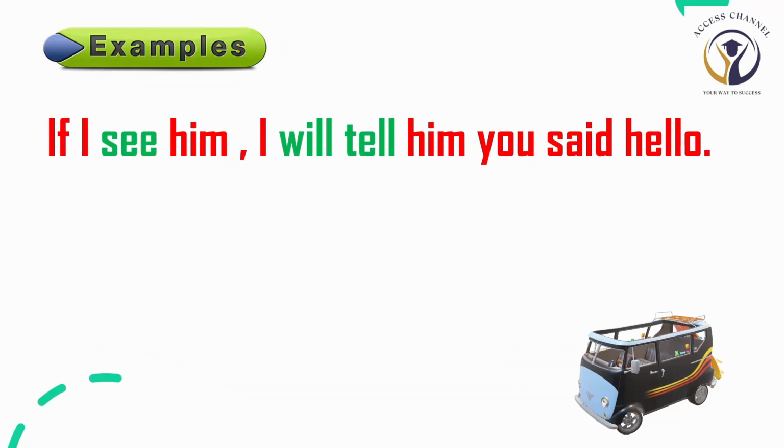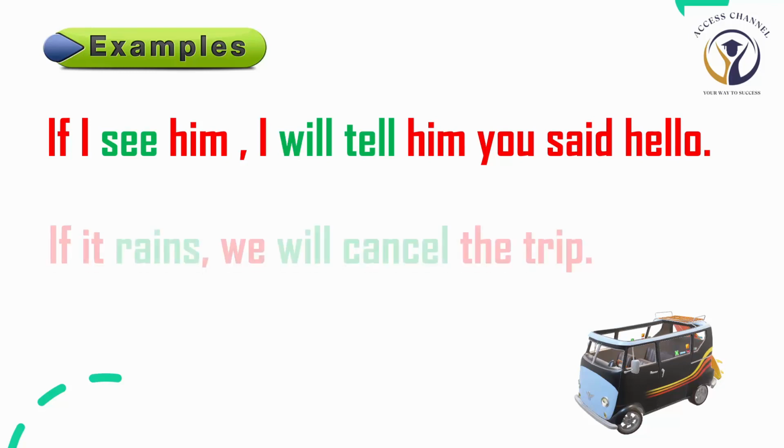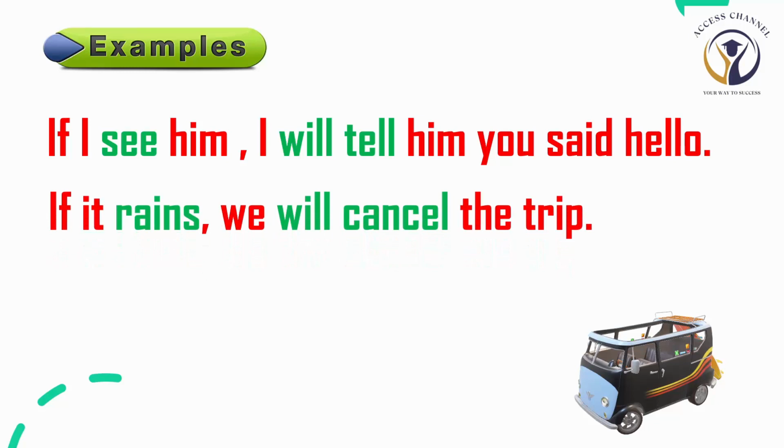If I say, if I see him, I will tell him you said hello. If I see him, here is present simple, and in the second clause of the sentence, I will tell him you said hello. It's a possible situation, something normal to happen, an expected result.